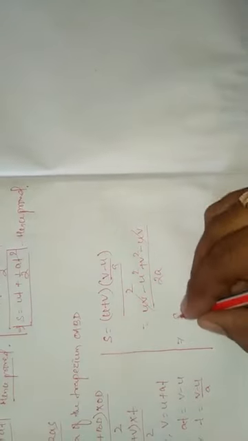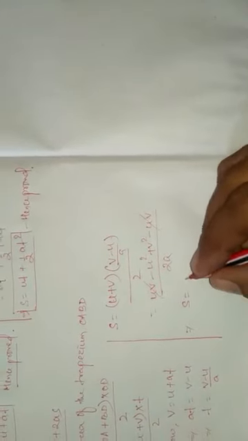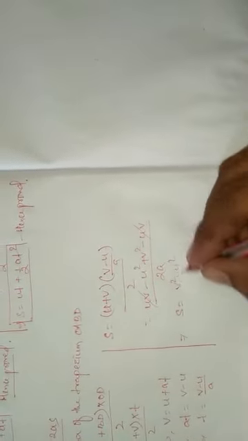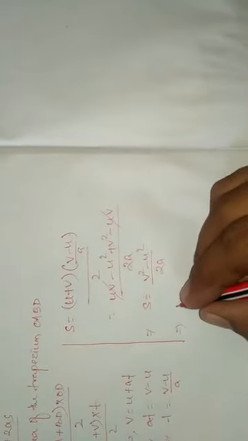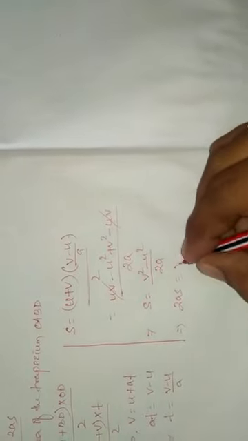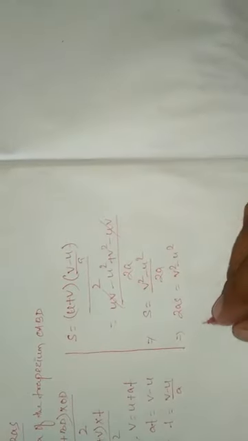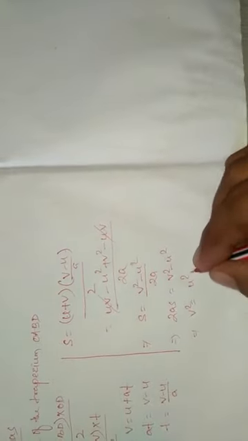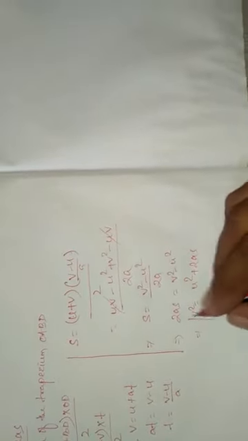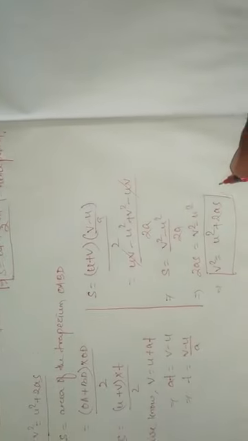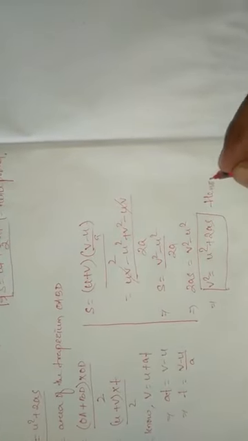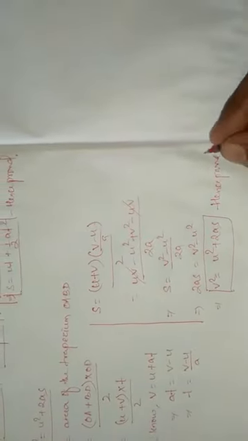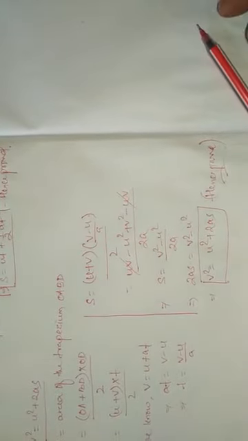These two values get cancelled out, so s equals v square minus u square by 2a. This implies 2as equals v square minus u square, or v square equals u square plus 2as. Hence proved. Thank you.